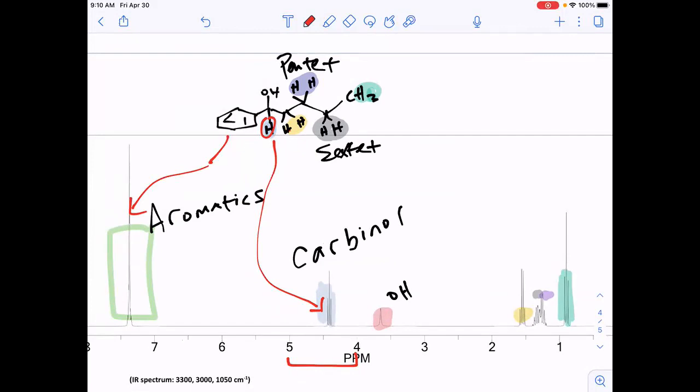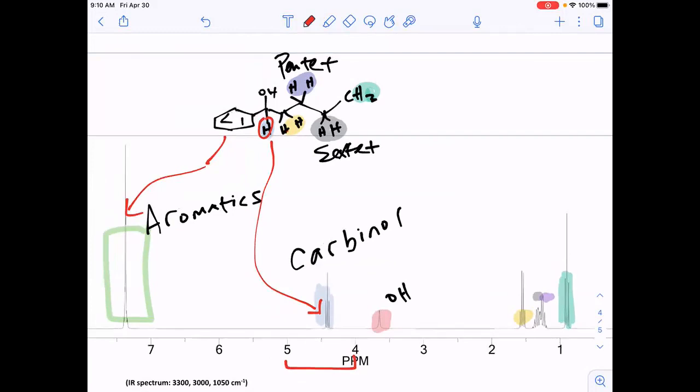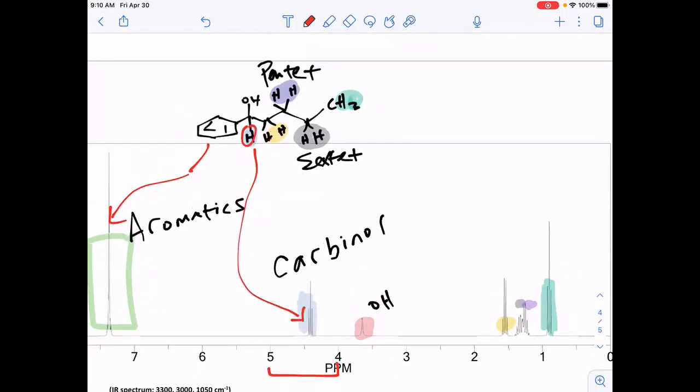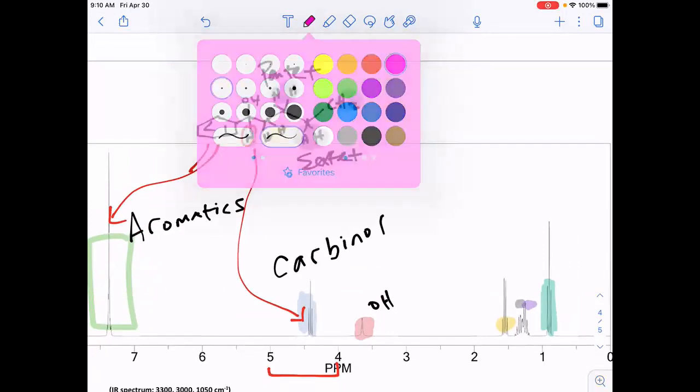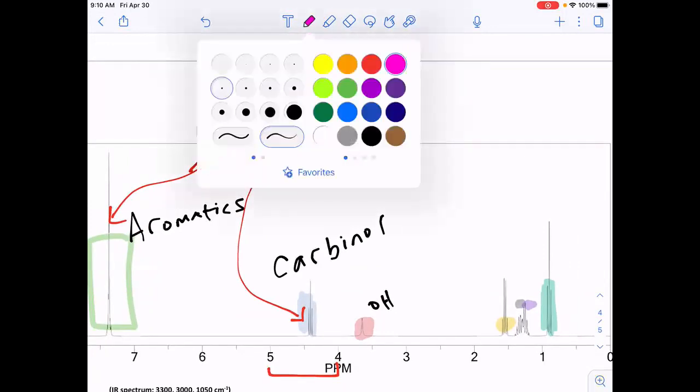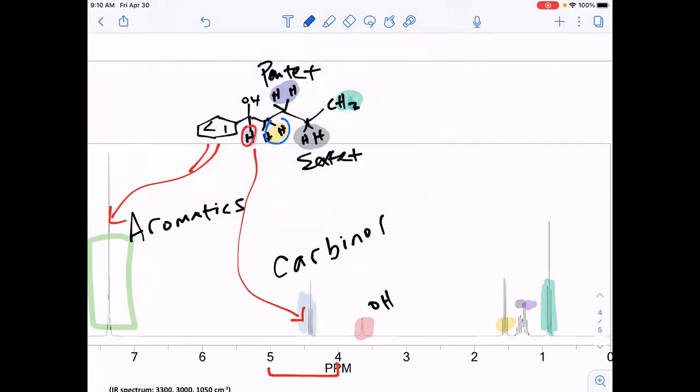The alkyl protons are not as readily discernible because they're all the same type of sp3 carbons. But there are 4 different alkyl type protons on here. Let me pick a different pen. So here, here, here, and here.